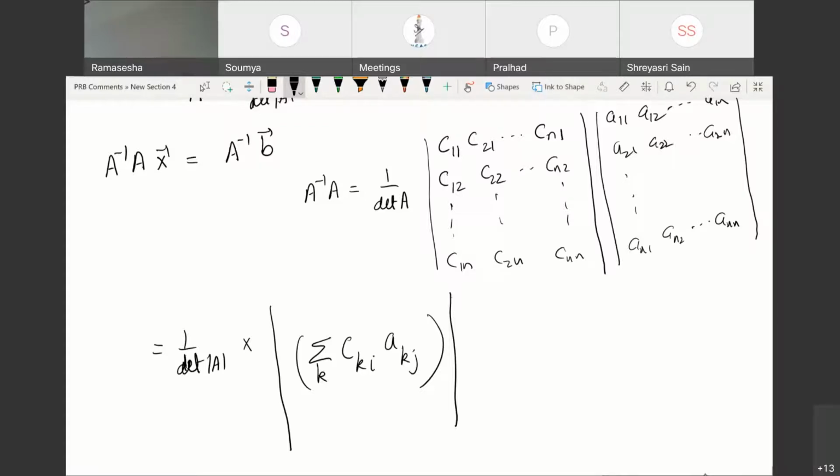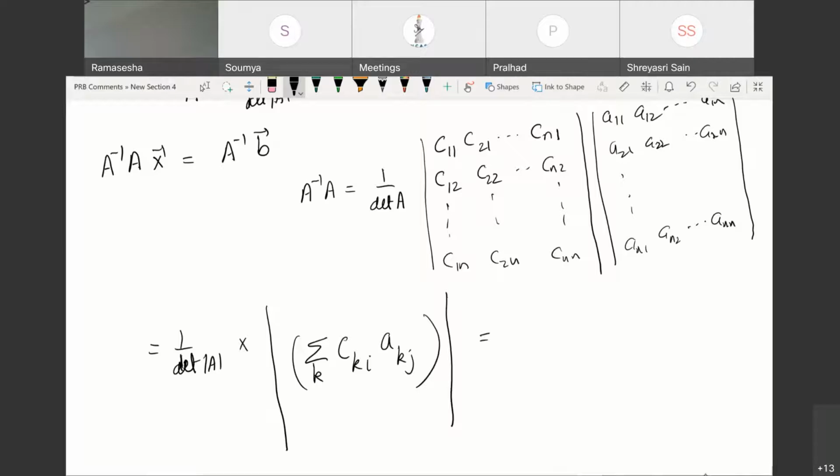So this is equal to 1 upon determinant A, the elements are going to be sigma over k of Cki Akj as the ijth element, right? Because I have to take the first row and multiply by the first column, I'll get C11 A11, C21 A21, etc. That is Ck1 Ak1, C11 A11 when k is equal to 1. When k is equal to 2, I have C21 A21, like that for the first element. And so on. And for the second element, I'll take this row and multiply it by this column. So that will be C11 A12, C21 A22, etc., Cn1 An2.